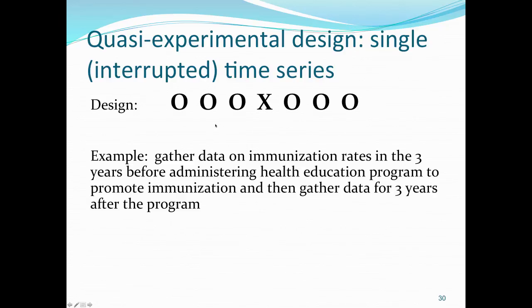The reason I say it depends on the timing is if the history threat occurred right in the middle of this time period, right around the same time of your intervention, there would be no way in this design to pick up the attribution of your particular program versus what the other program may have contributed. So that is one problem. But if the history threat happens at any other time, it would be picked up presumably by these observations.